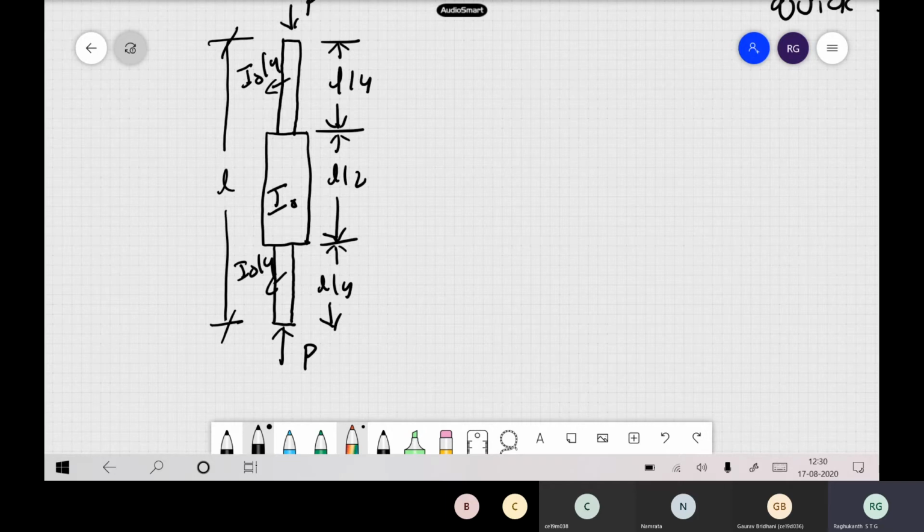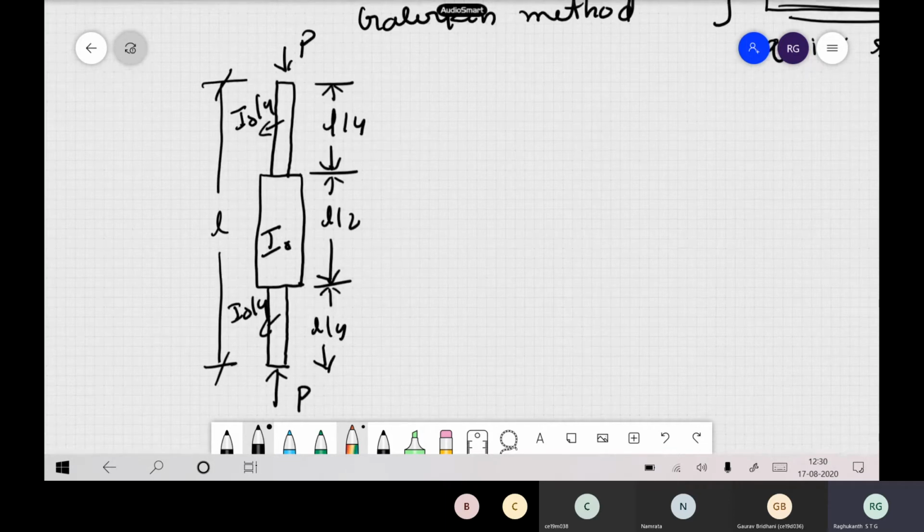Can anybody tell us? Previously we have discussed actually. Now how do you solve if you want to solve by the force method? You remember, I think two classes before, we solved a cantilever column, the stepped column.